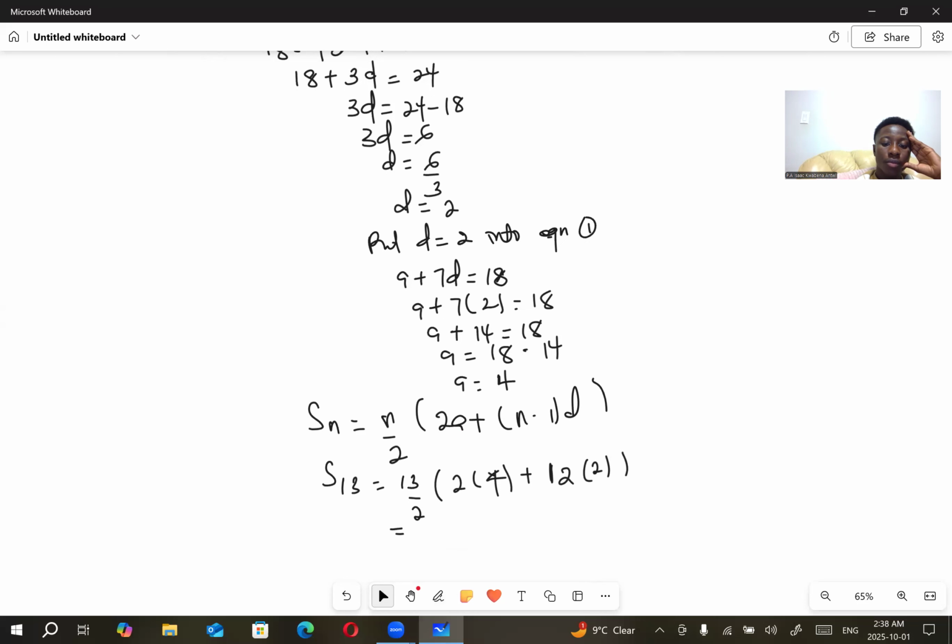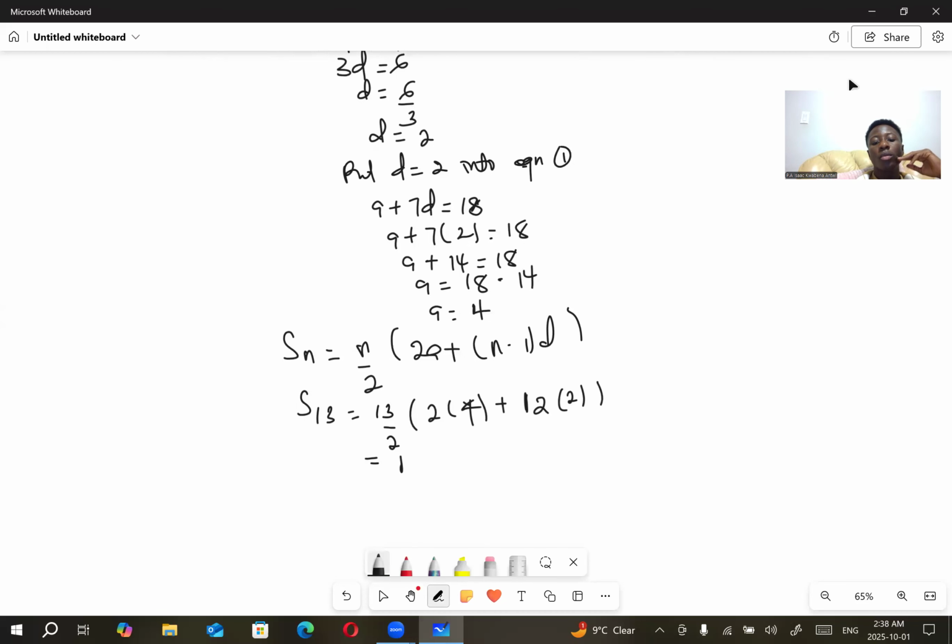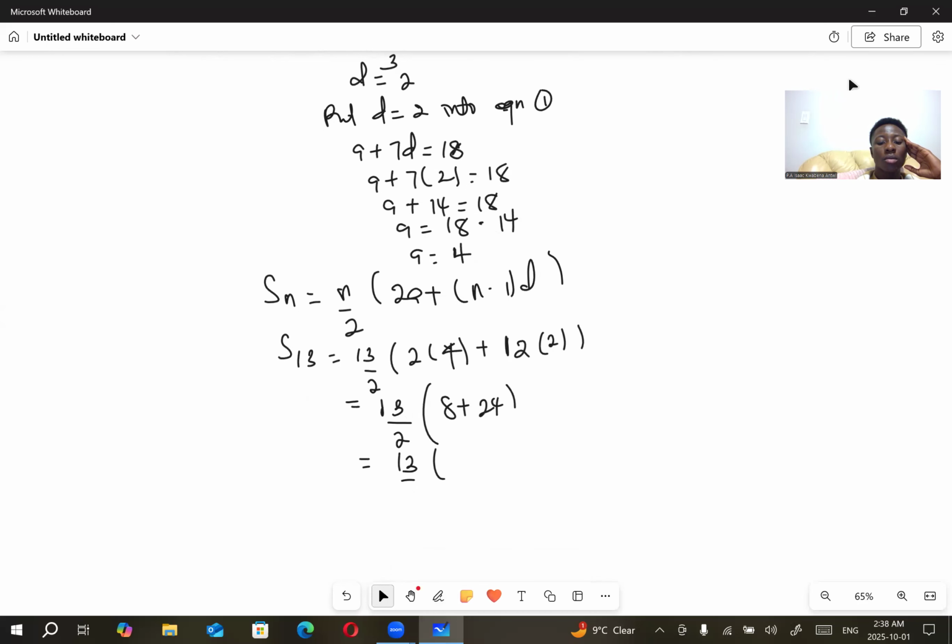So it will be equal to 13 over 2 into 8 plus 24. 8 plus 24 is what? It's 32. So now 13 over 2 times 32, 208. So the sum of the first 13 terms is this.